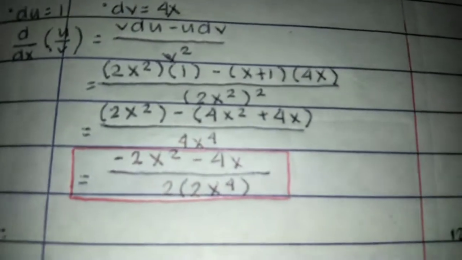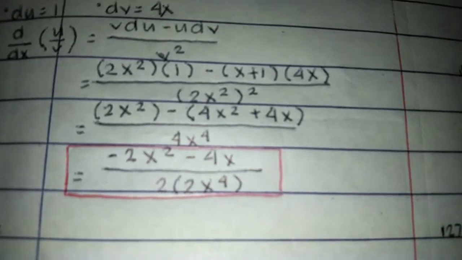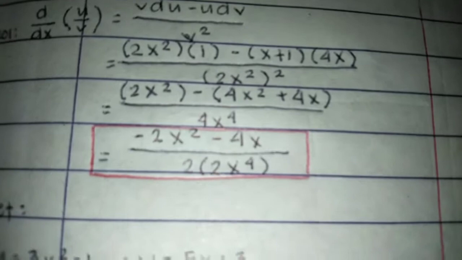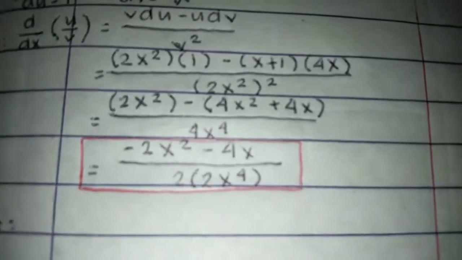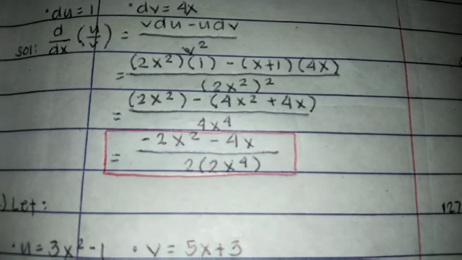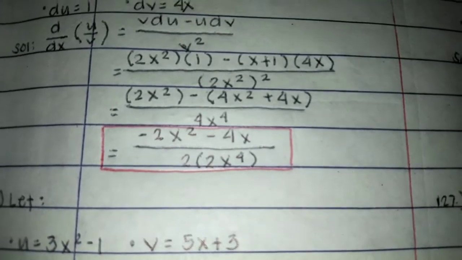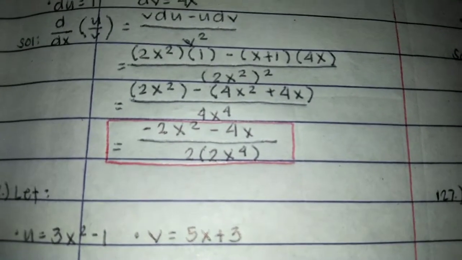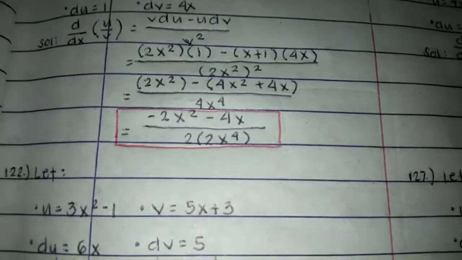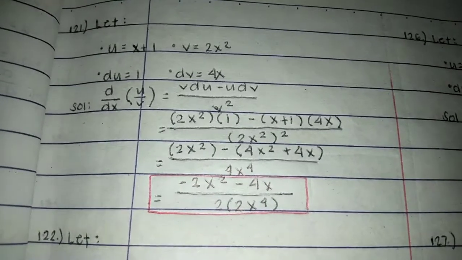So this is the result: 2x squared minus 4x squared plus 4x over 4x squared. We're going to manipulate this equation, and we will end up with a final answer of negative 2x squared minus 4x over 2 times the quantity 2x to the power of 4. So that's the first example of the quotient rule.